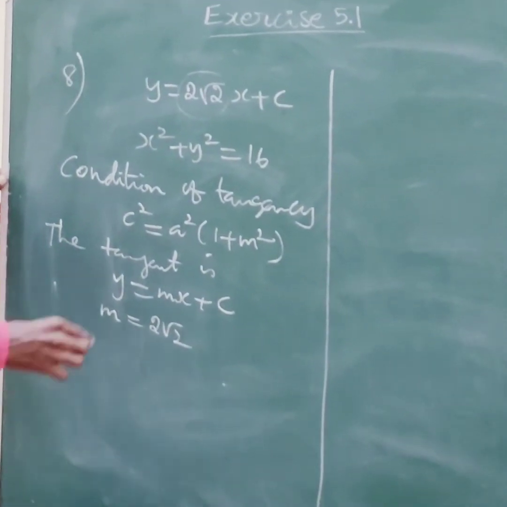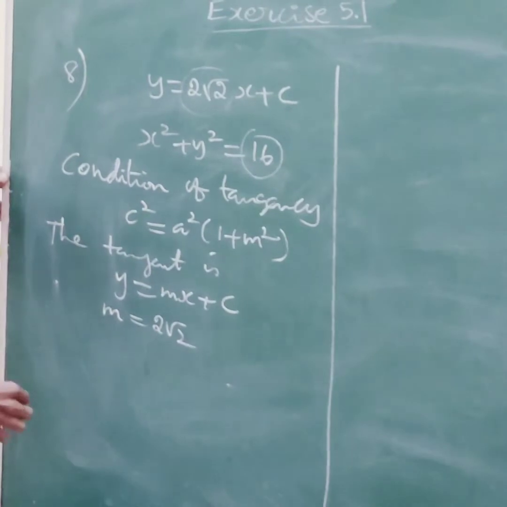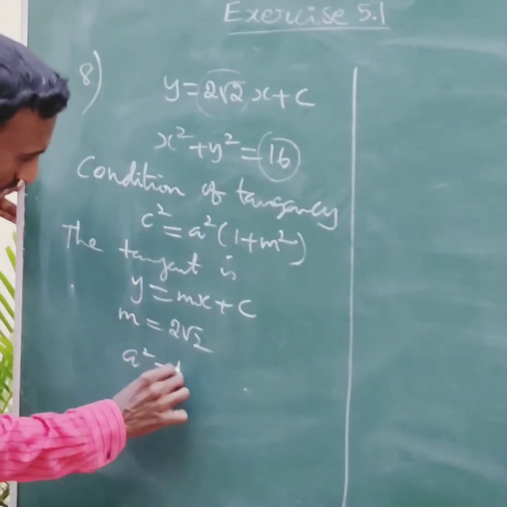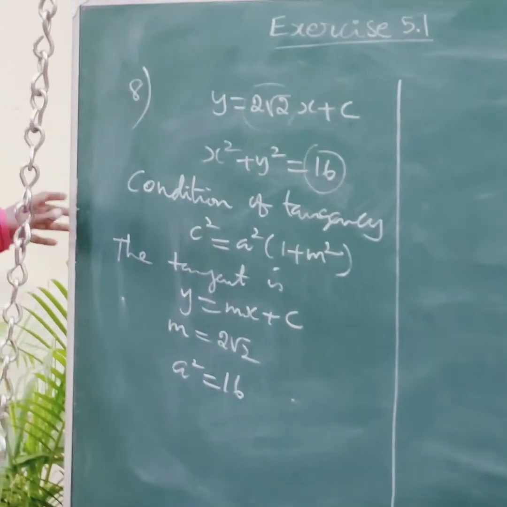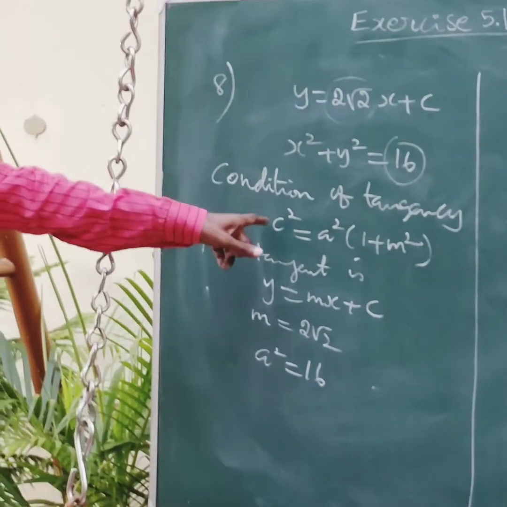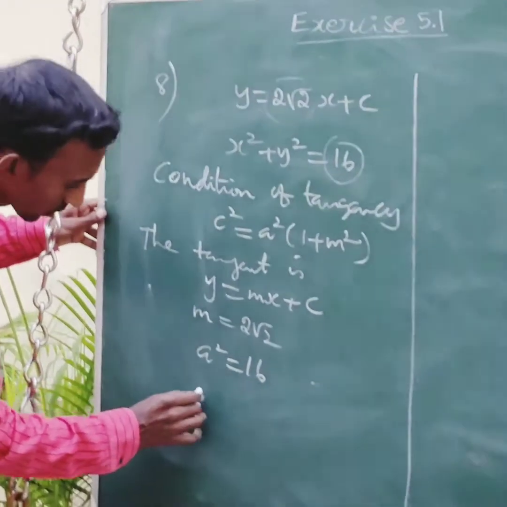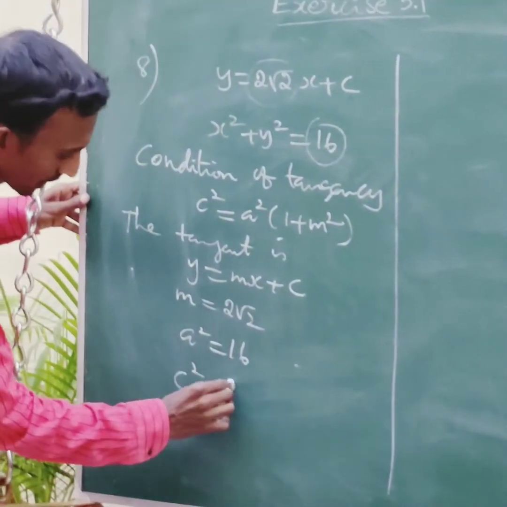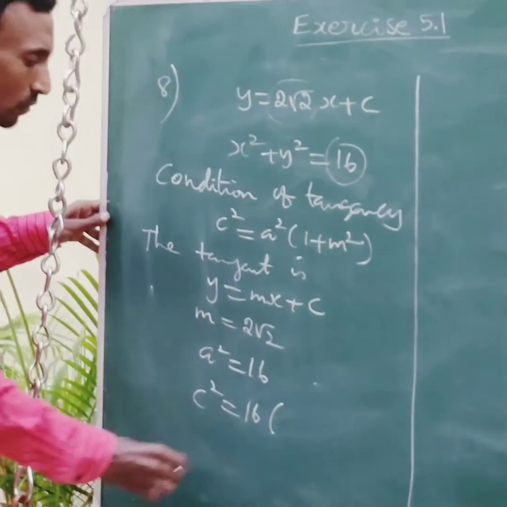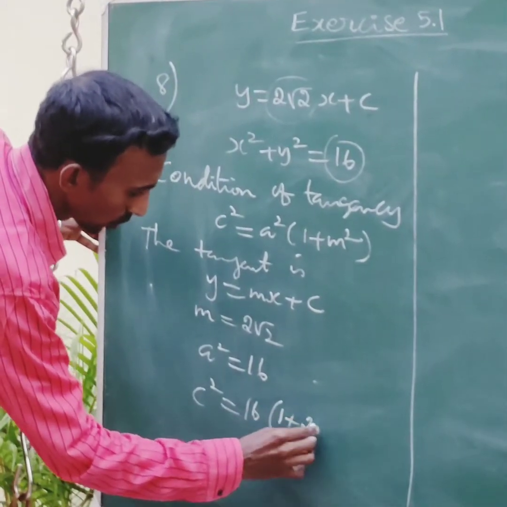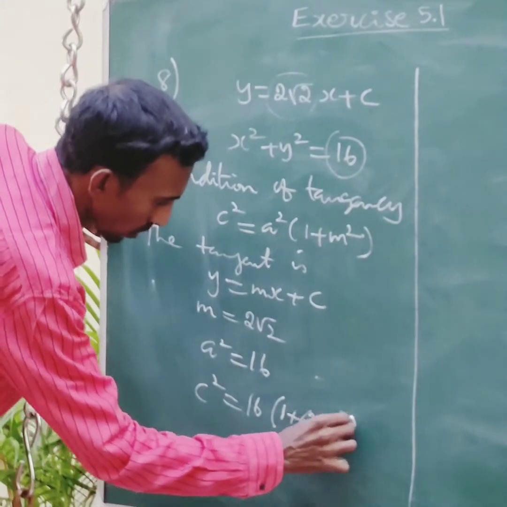And a square equal to 16. Use both values in the condition. So c square equal to 16 into 1 plus 2 root 2 the whole square.